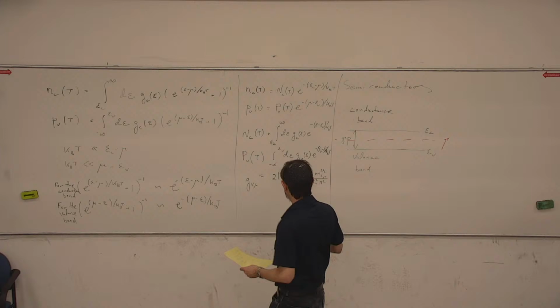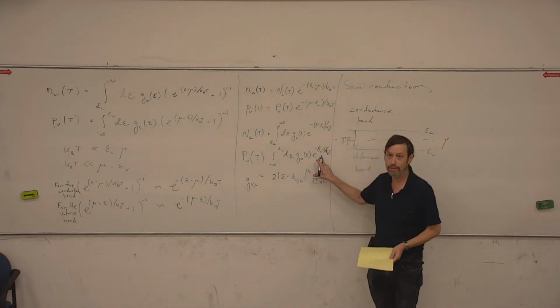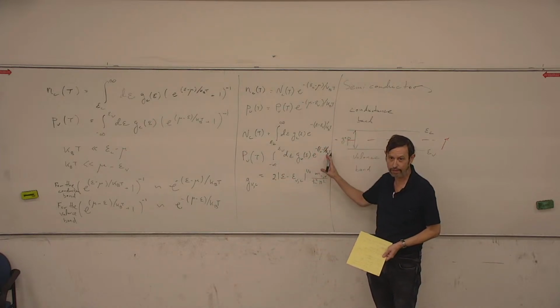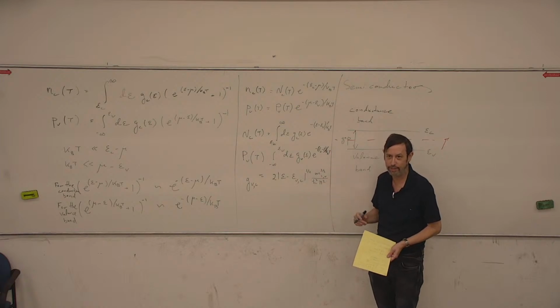So this is an easy calculation. Why? Because it's just the power half times an exponent, something I can do.